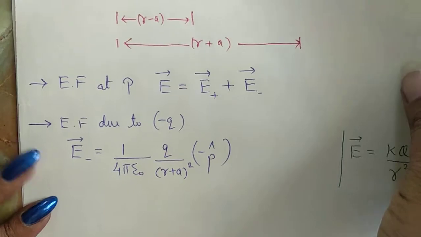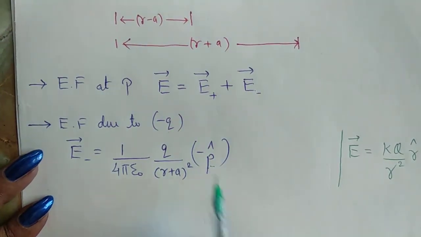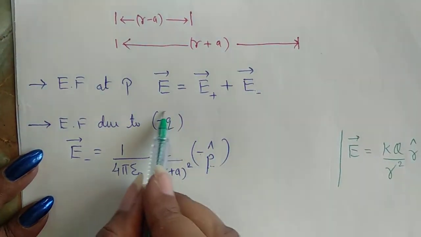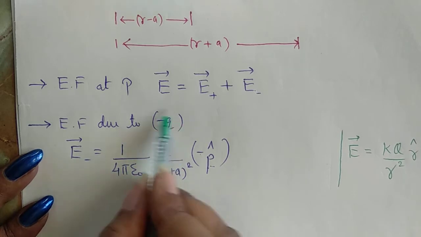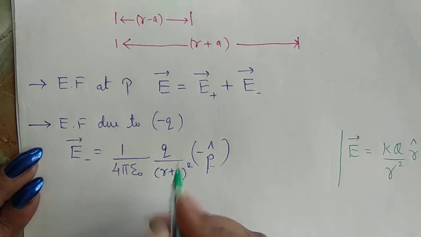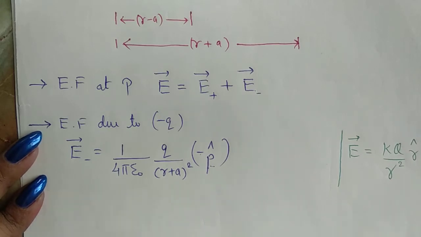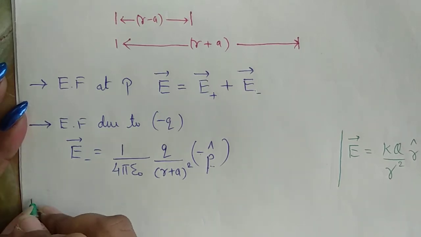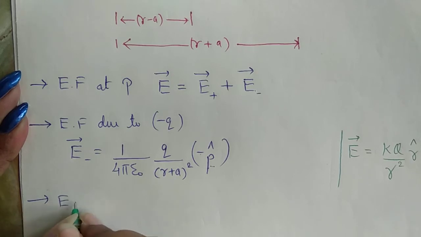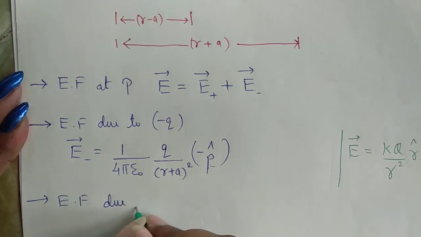So I am writing here minus p cap. This minus is not because of the negative charge. Remember this. Okay, so this was our electric field due to the negative charge. Now we'll write down the value of electric field due to the positive charge.